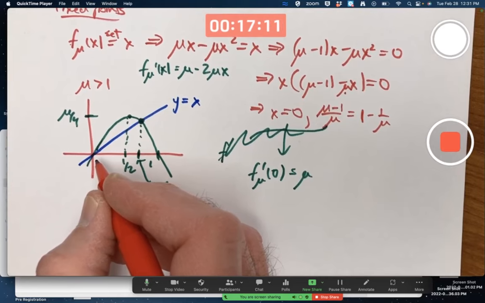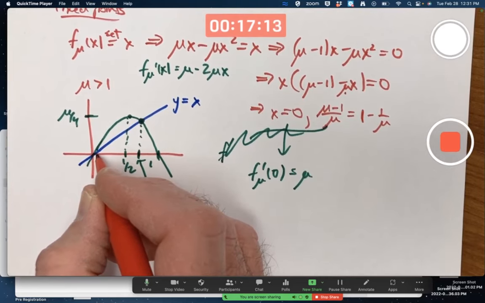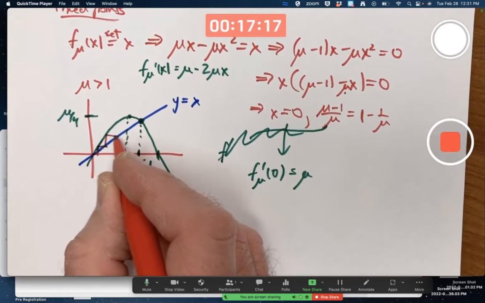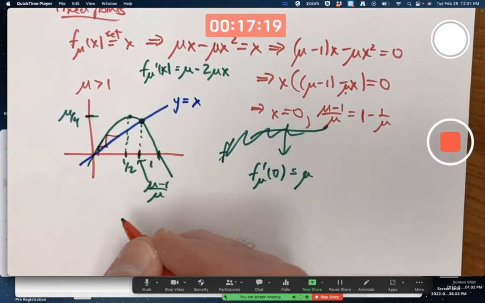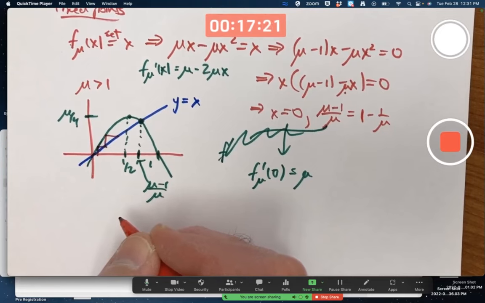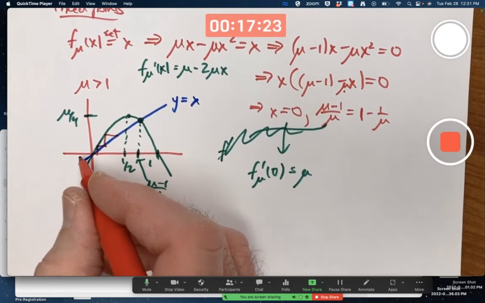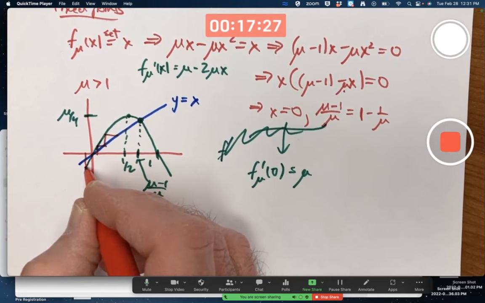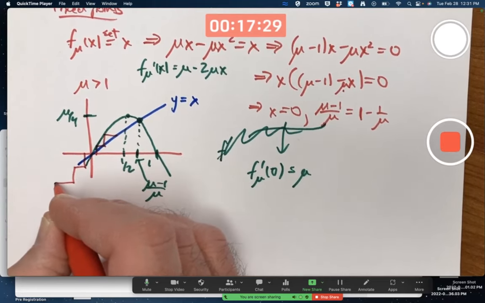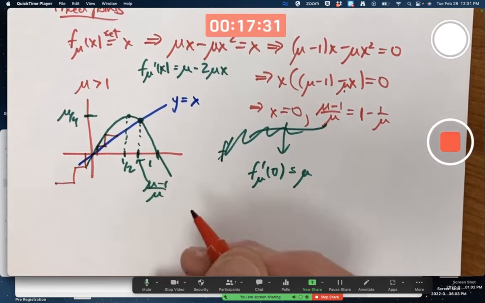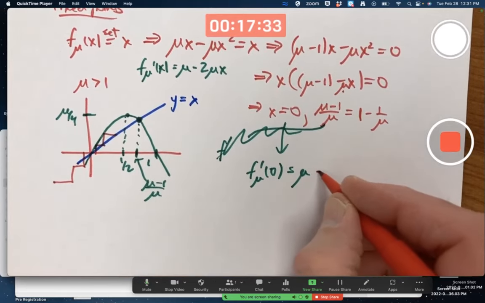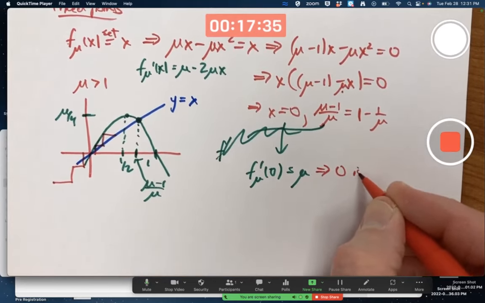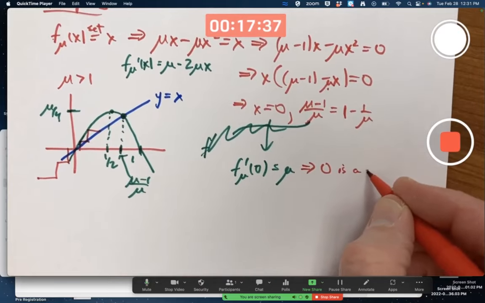You're going to go away from 0. If your seed is close to 0 but positive, you go up to the graph, then over to y equals x, up to the graph, over to y equals x. You're going away from 0. If you plug in a negative number, the same kind of thing happens. You go down to the graph, over to y equals x, down to the graph, over to y equals x. You're still going away from 0.